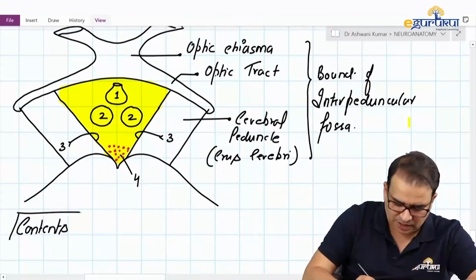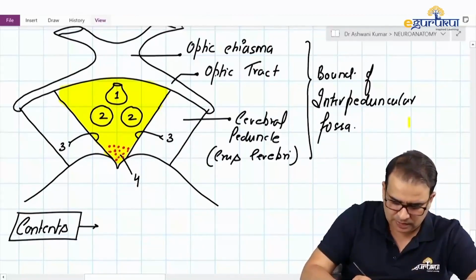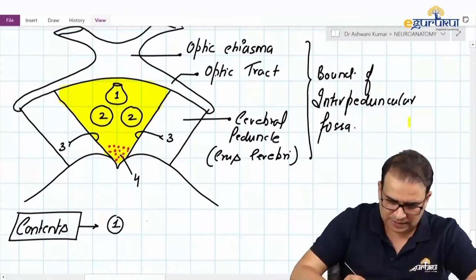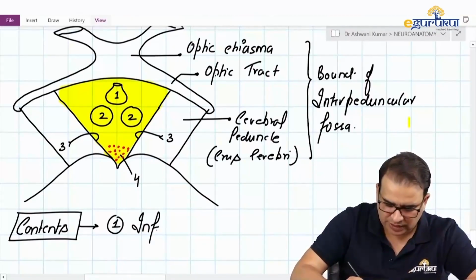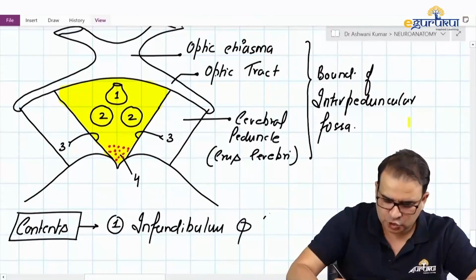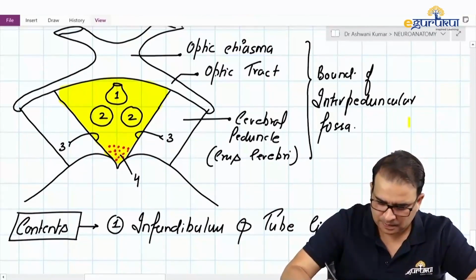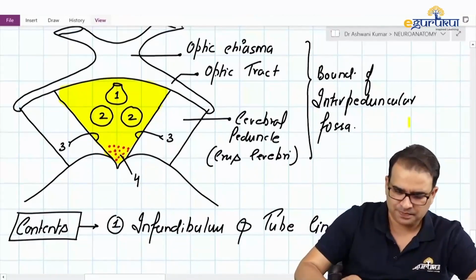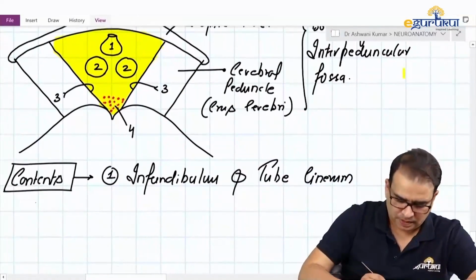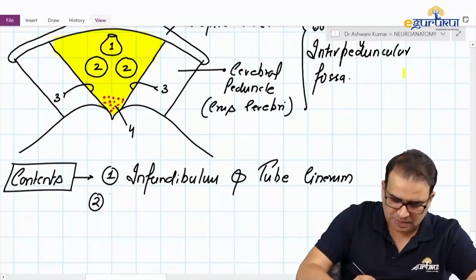Let's write about them. Number 1 is infundibulum, that is a stalk of pituitary, and tuber cinereum. Number 2 is mammillary bodies.